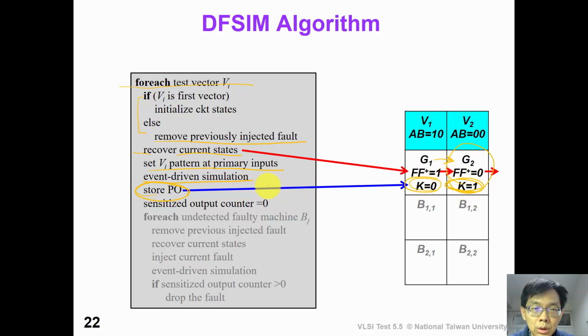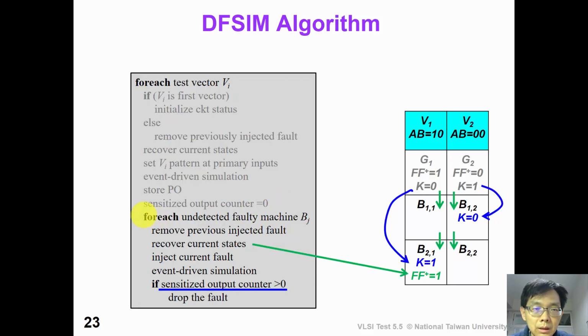This is to compare the result with other faulty circuits. And we set the sensitized output counter to 0. This counter records the number of mismatches between the faulty circuit and the good circuit. And then the following loop is for the faulty circuit.